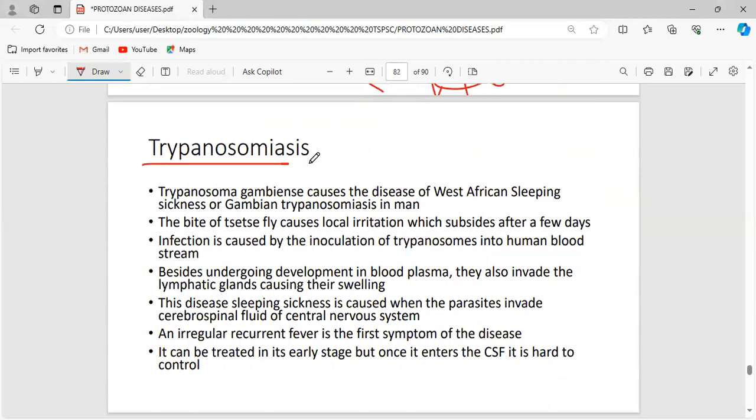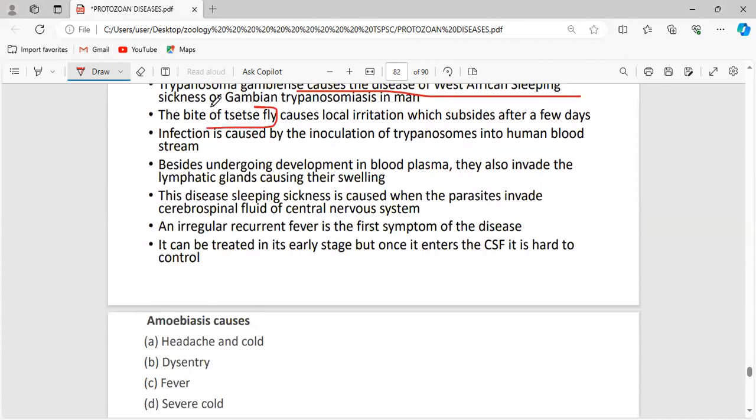Okay, the disease is also caused by Trypanosoma gambiense. Trypanosomiasis, the same thing, causes the disease called West African sleeping sickness. Also, it is initiated by the bite of the tsetse fly, and the infection starts when it reaches the bloodstream. After it reaches the bloodstream it regains the flagella and they move from one place to another and cause lymphatic gland swelling.